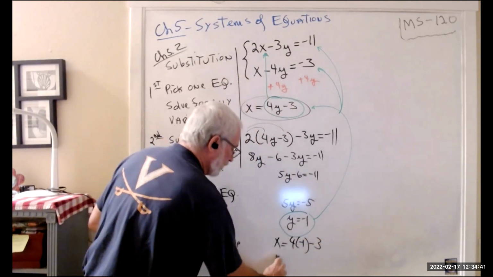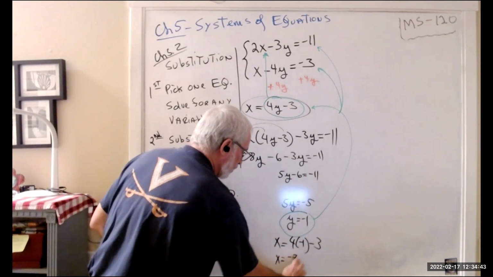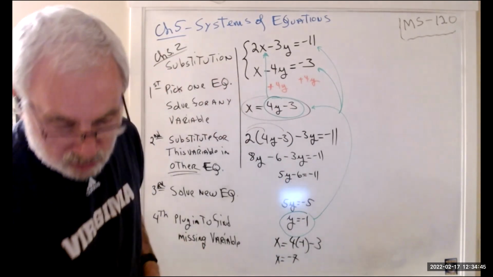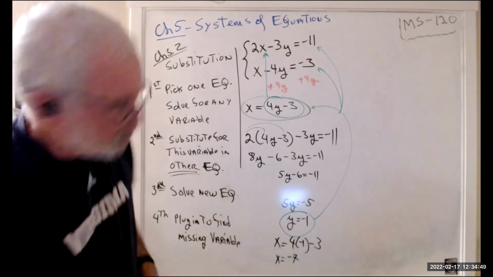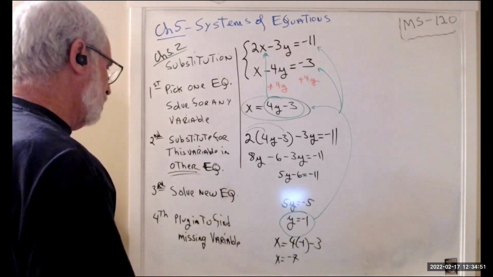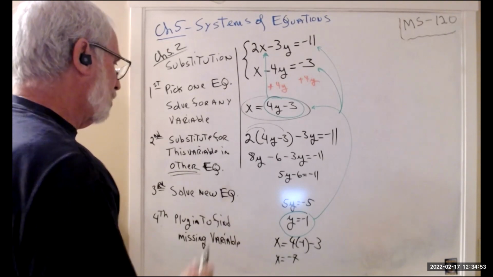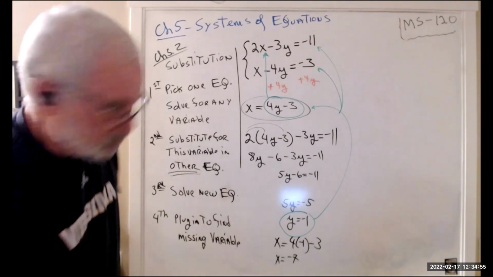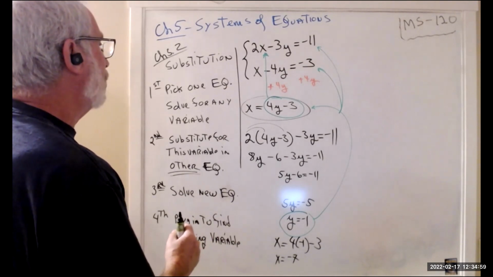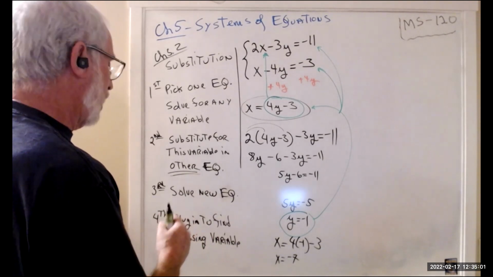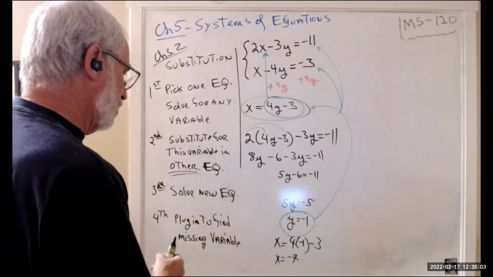That would be negative 7, I believe. Let me check my notes. Is that right? Y is negative 1. X equals... Did you guys get negative 7 or not?